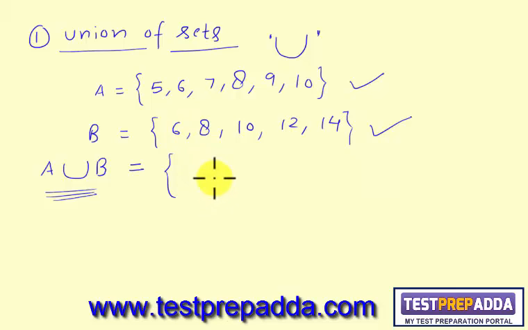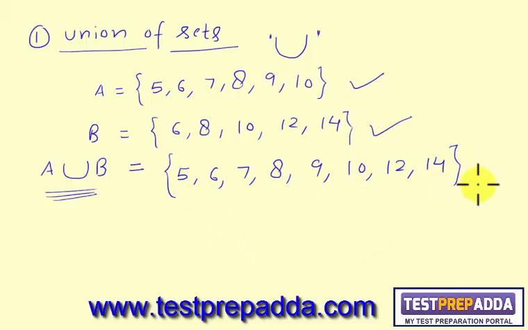Okay, so we have to select elements which are in A or B. So what are those elements? You can see 5, 6, 7, 8, 9, 10, 12, 14. These are the elements which are either in A or in B.